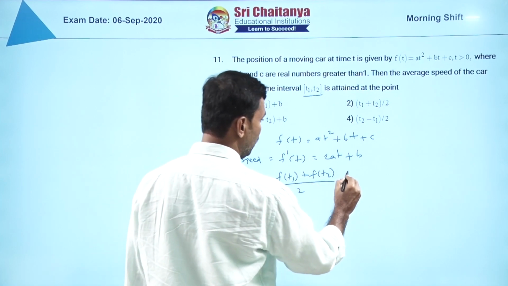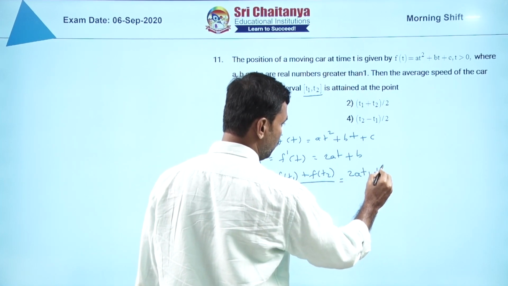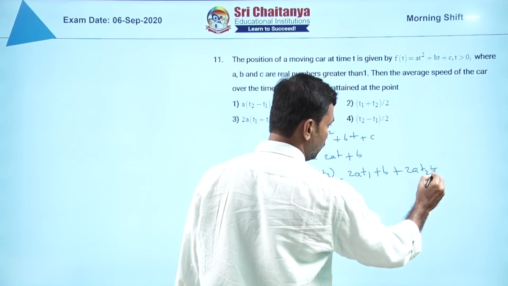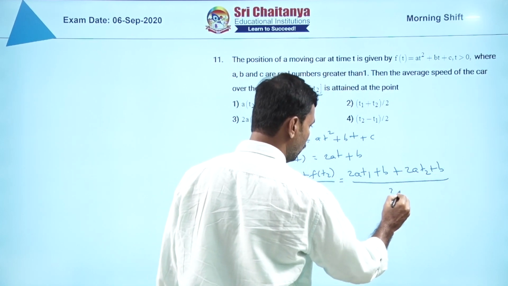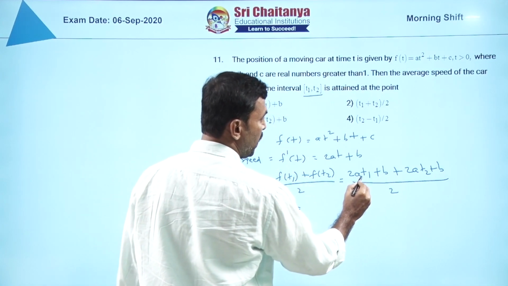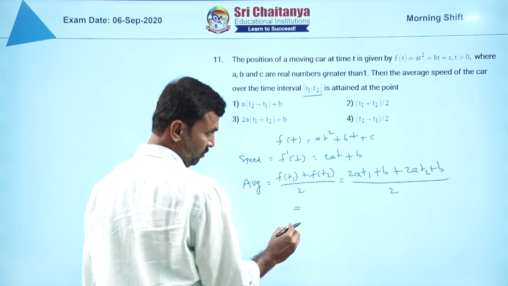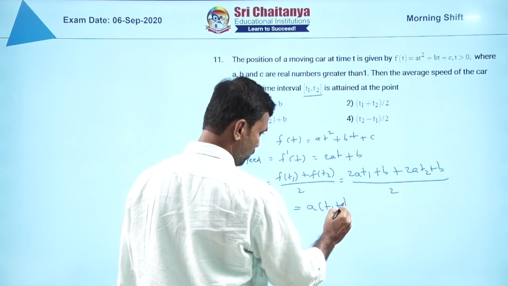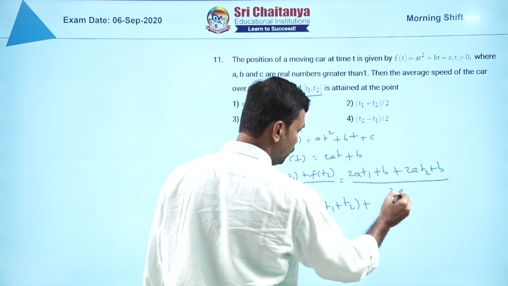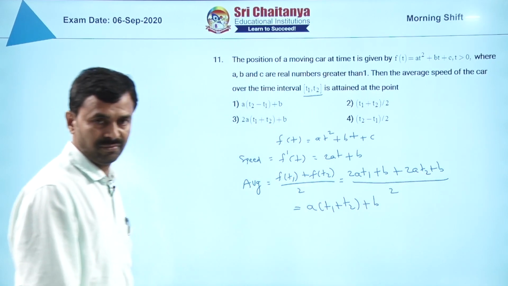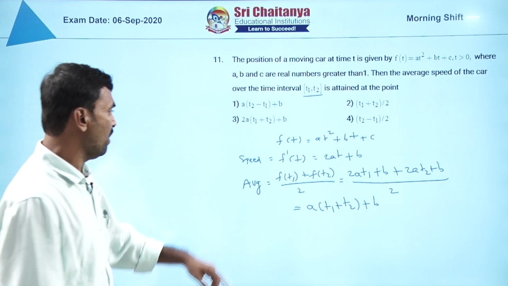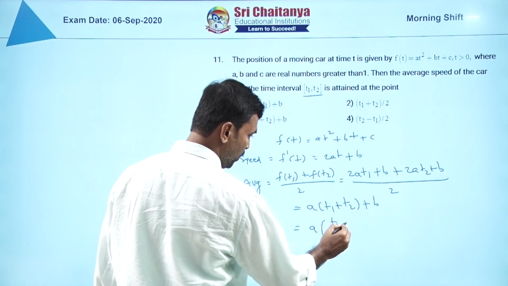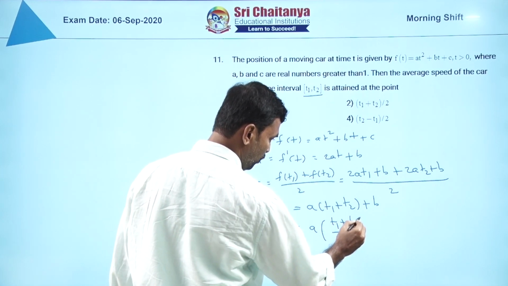What is f dash of t1? 2a t1 plus b, and f dash of t2 is 2a t2 plus b, by 2, which is equal to a into (t1 plus t2) plus 2b by 2, which is b. So, this is the value, this is the average speed. This can be expressed as a into (t1 plus t2) by 2 plus b.